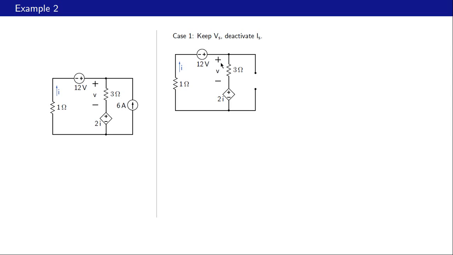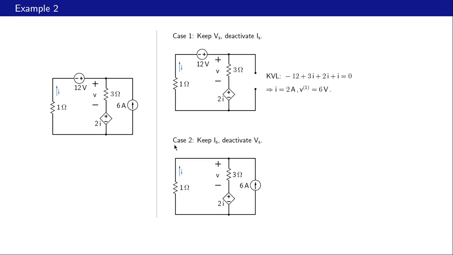Then we come across a voltage drop of 3 times I, so that is plus 3 times I, and then another voltage drop of 2 times I. And when we add all of these terms, we should get 0, like that. We can solve this equation for I. That gives us I equal to 2 amperes, and therefore this voltage V is 2 amperes times 3 ohms, or 6 volts. And note that we have used this superscript 1 here to indicate case 1.